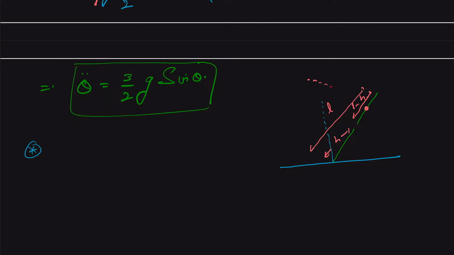So this center of mass is going to rotate in some kind of circular path, and this distance will be (L minus h)/2, and we can easily find out the distance of this circular path from the point of pivot. Okay. So let me write it here, and then we can easily calculate.